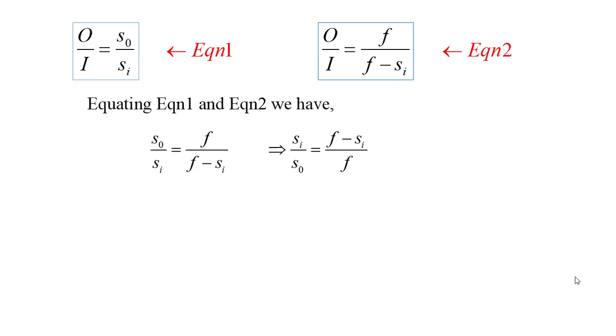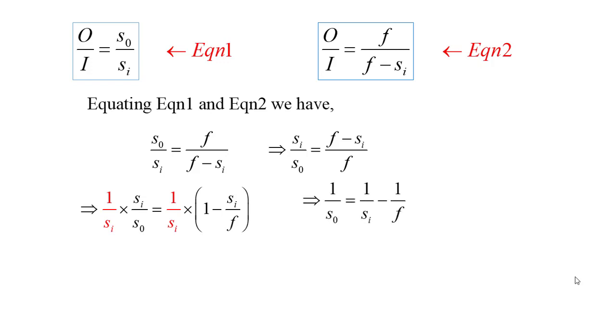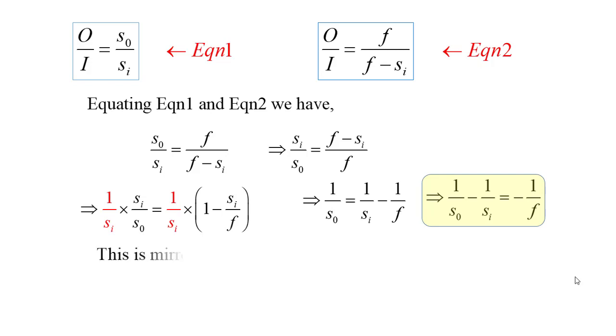So Si over S naught is equal to F minus Si over F. I made a reciprocal of both of them. So we will multiply by 1 over Si on both sides, and rearranging this equation, we will simply get 1 over S naught minus 1 over Si is equal to minus 1 over F. This is the mirror equation for a convex mirror.